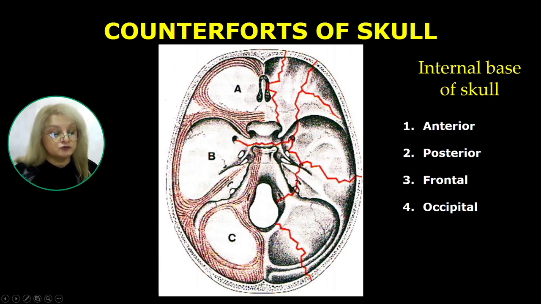Posterior counterfort corresponds to the pyramid of the temporal bone. Frontal runs along the frontal bone from the inside, comes to the crista galli of the ethmoid bone. And the occipital one runs along the internal surface of the occipital bone, comes to the internal occipital protuberance, also redistributing pressure.